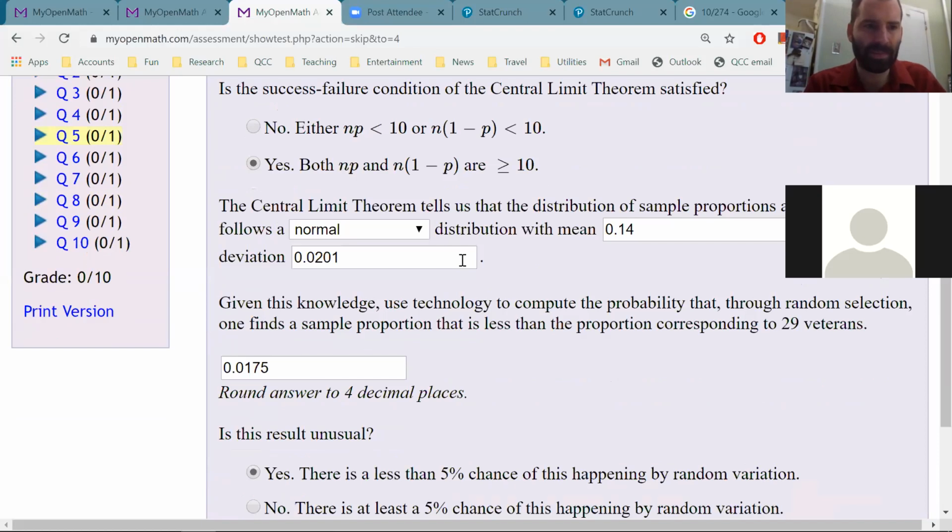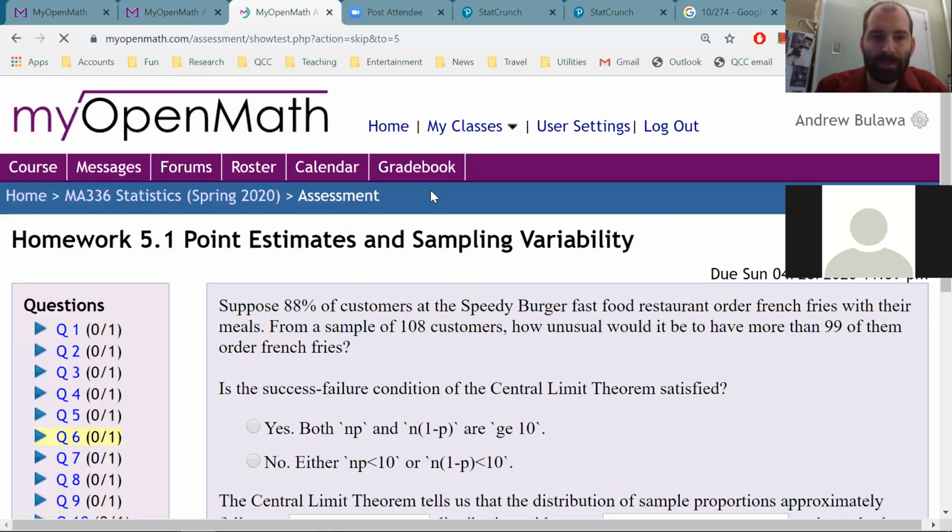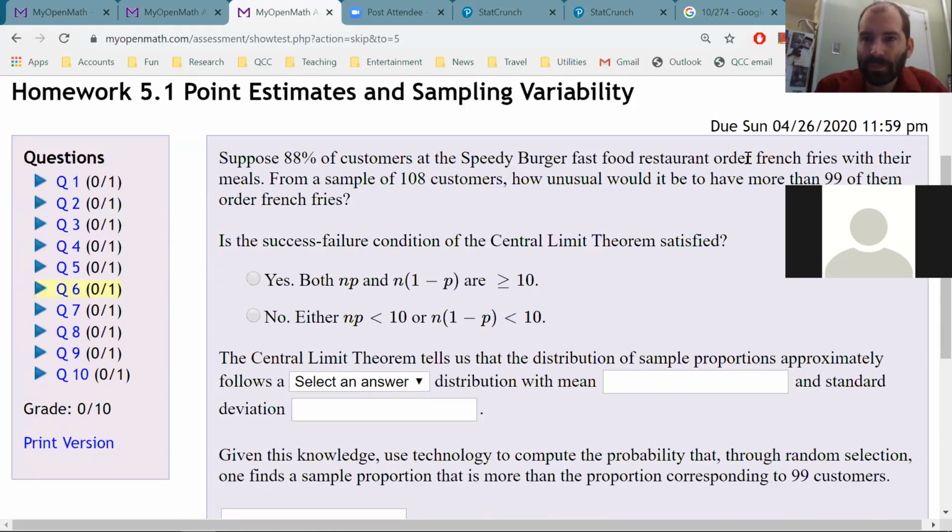And I've got 3 or 4 of these problems of this kind in here. Some of them have you measure the probability of getting a proportion bigger than what's given. Some of them have you do what's less than what's given. So if you look at this problem here, it's almost exactly the same.